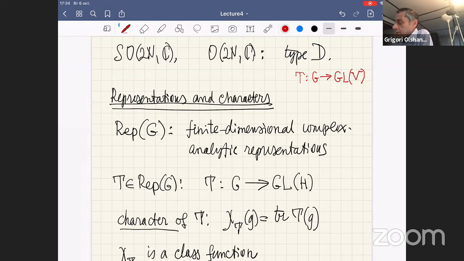G is a complex Lie group, and this is also a complex Lie group. So this map is complex analytic. This means complex analytic representations.